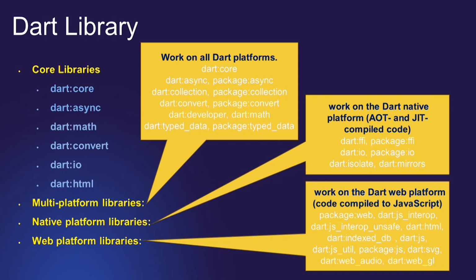Convert provides encoders and decoders for converting between different data representations including JSON and UTF-8. The dart:io library is for programs that can use the Dart virtual machine, including Flutter apps, servers and command line scripts, and dart:html is for the document object model and other APIs for browser-based apps.